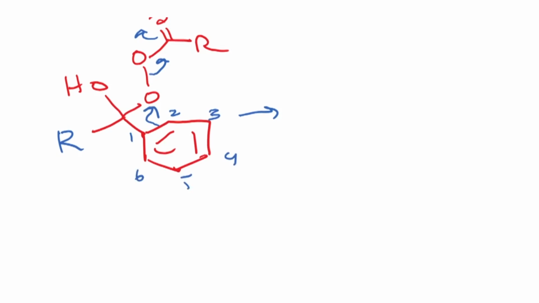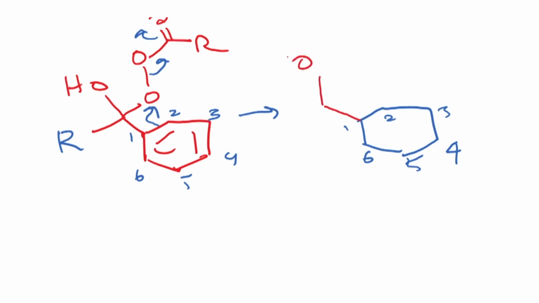This 6-membered ring remains intact, so I'm just going to draw it the way it is. We have 1, 2, 3, 4, 5, and 6, and it's quite reasonable to expect that you will have a 3-membered ring that is going to be formed, and this carbon 1 to this tetrahedral intermediate remains the same. So you have the rest of the molecule to be the same.